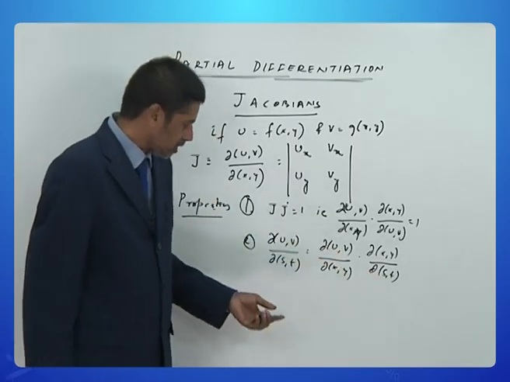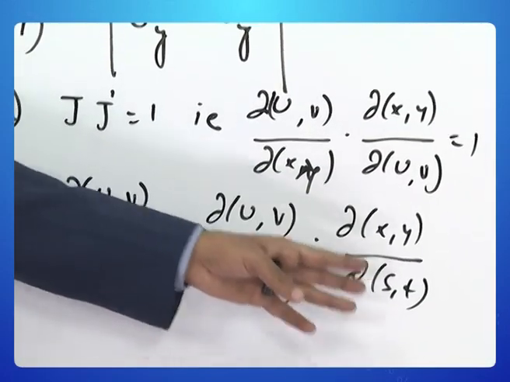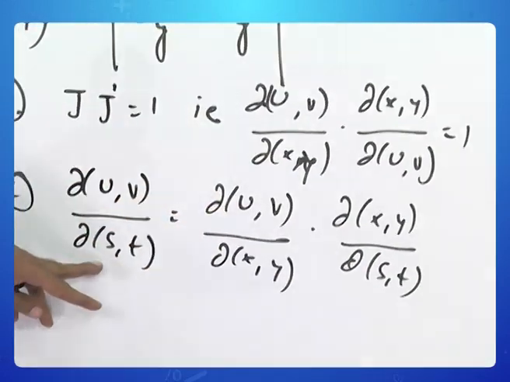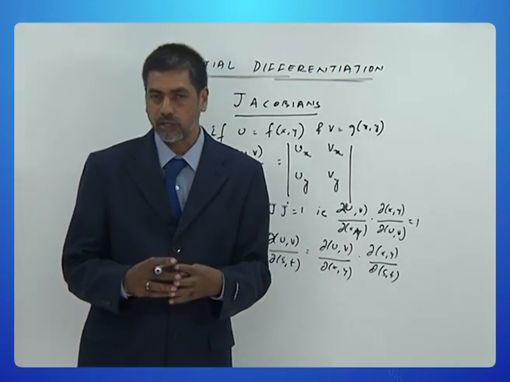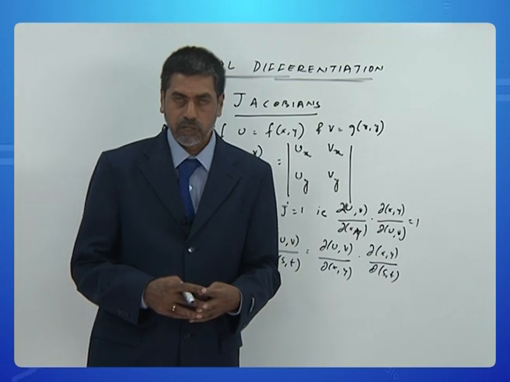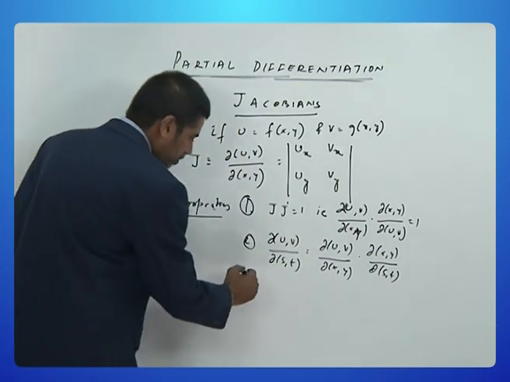Otherwise, you can actually substitute the relations between xy and st in u and directly compute, but one must make sure that the relation development does not become complex, difficult. So you can use this very selectively.